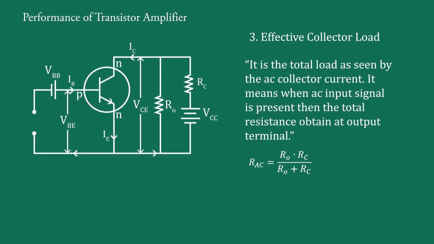Since R0 is large compared to RC, by neglecting RC in the denominator, we have RAC equal to R0 RC upon R0, and that is equal to RC. Therefore, we can say that for a single stage amplifier, effective load RAC is equal to collector load RC.